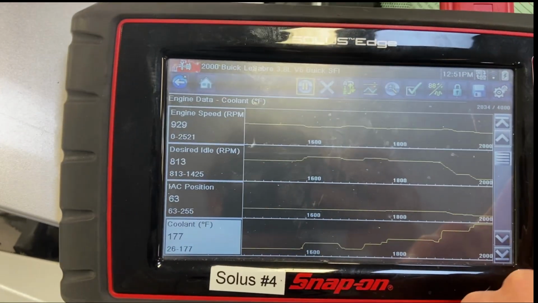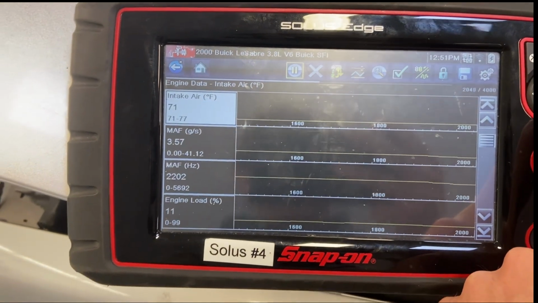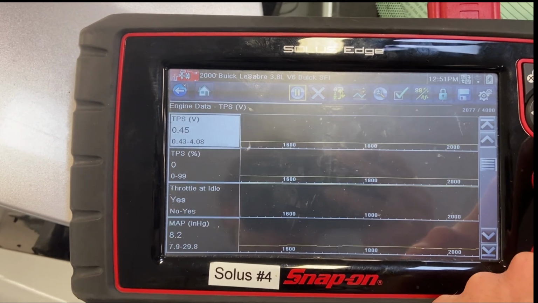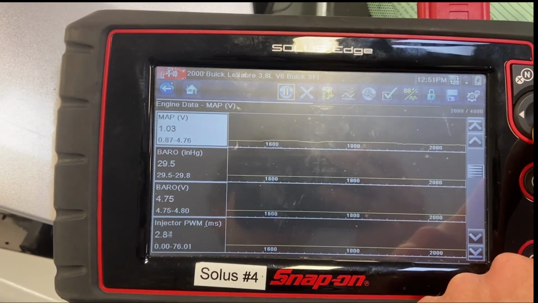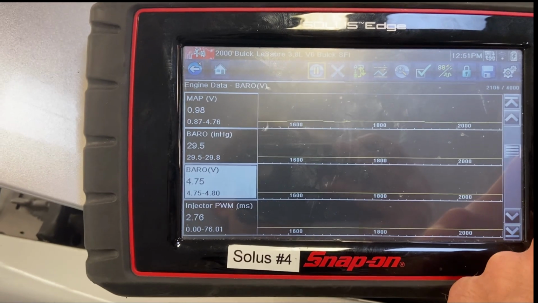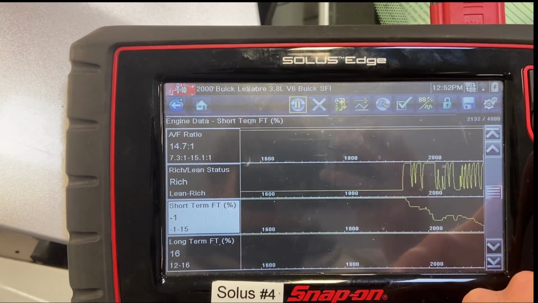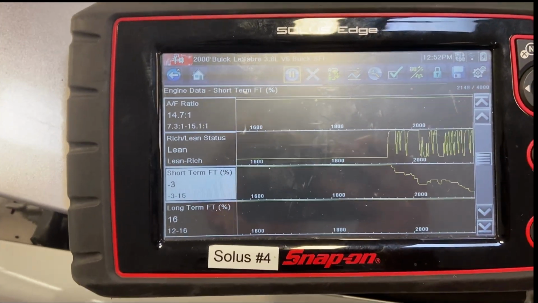As you can hear, it lowered idle at above operating temperature, and we can see how it has affected sensor readings, including our fuel trims. You can see short-term fuel trim change drastically there.